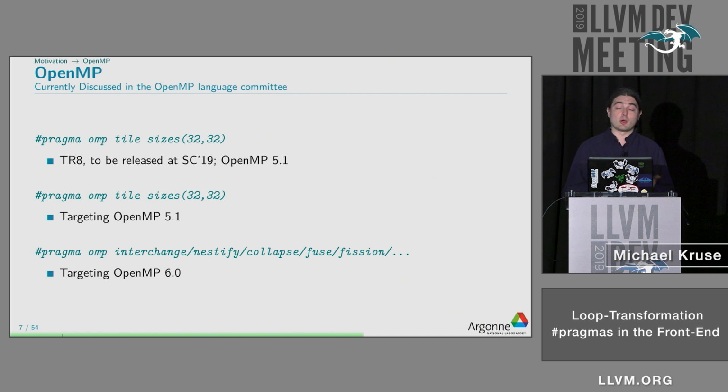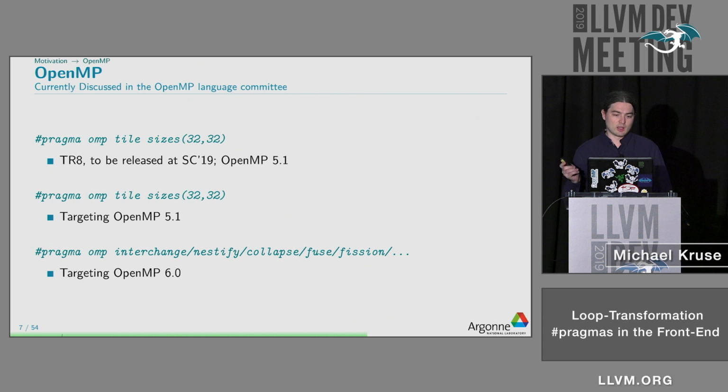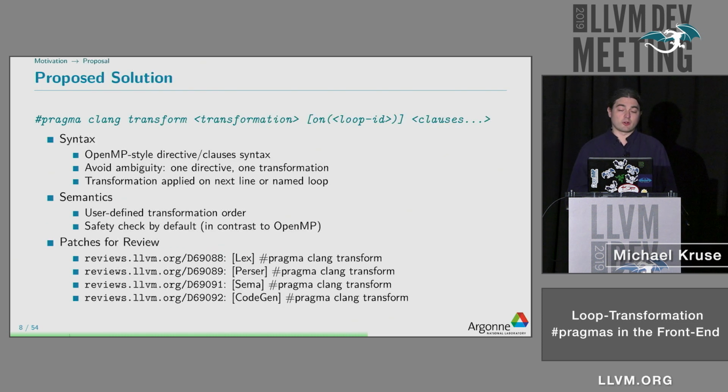For instance, the pragma omp tile will probably be part of the OpenMP 5.1 standard, and there might be more transformations coming in future standards. For now, as long as the OpenMP standard has not been ratified with loop transformations, we have to do something compiler specific.